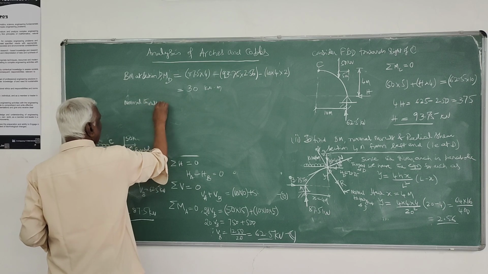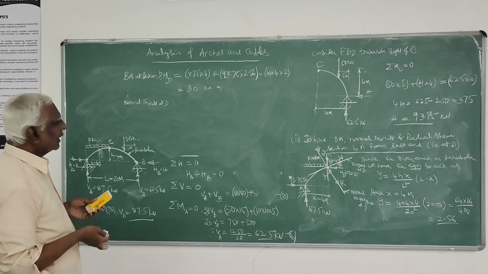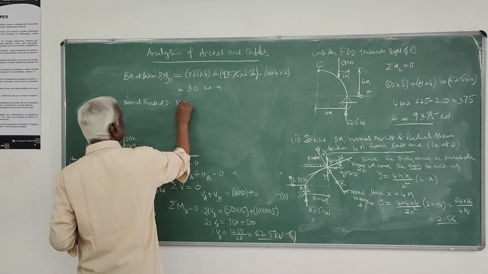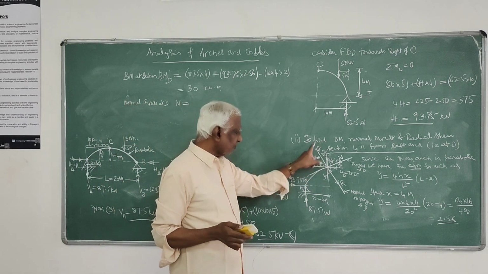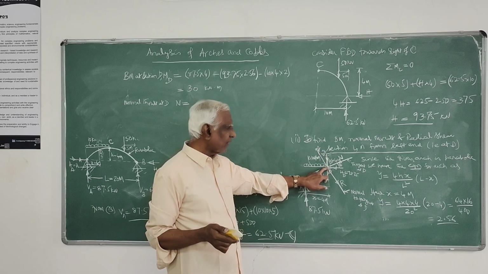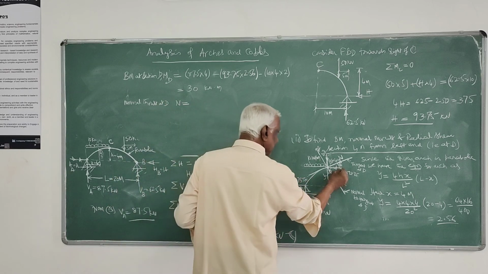Normal thrust at D, or axial force at D, that is N. As I told you, for equilibrium you have to find the reactions developed here and their resolved components. That is this Hd.